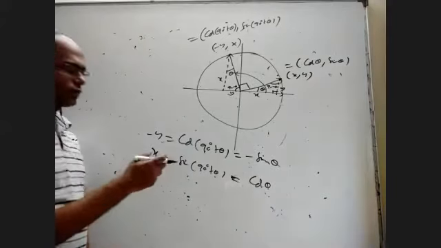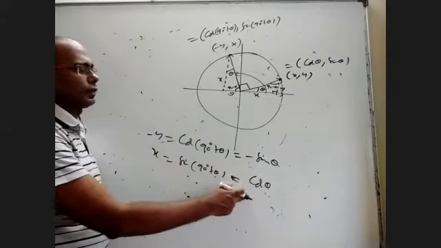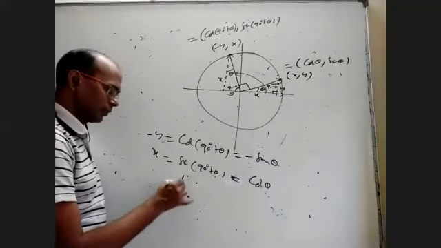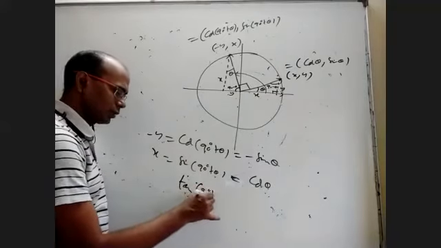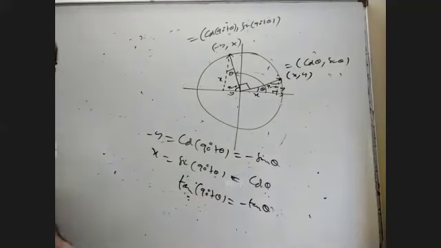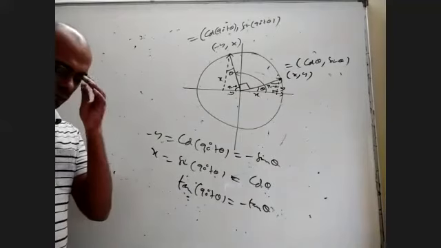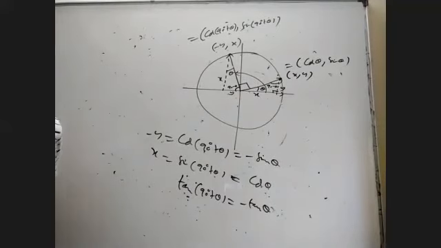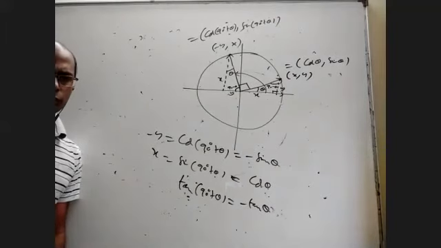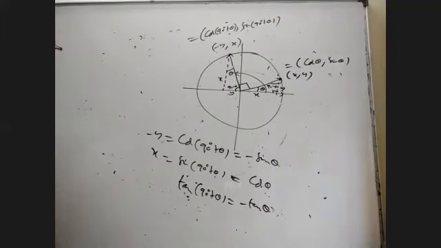That's how we derived sin 90 plus theta is cos theta, and cos 90 plus theta is minus sin theta. And when you divide them, you'll get tan 90 plus theta is minus cot theta.